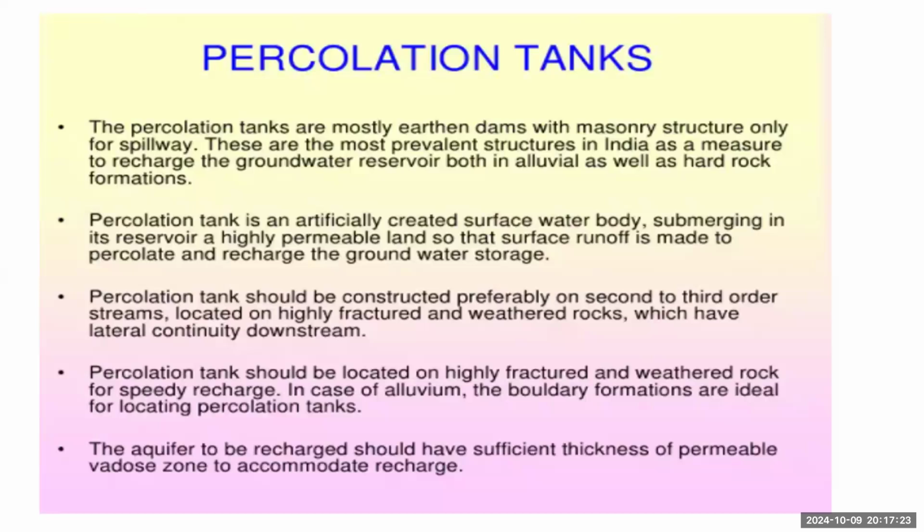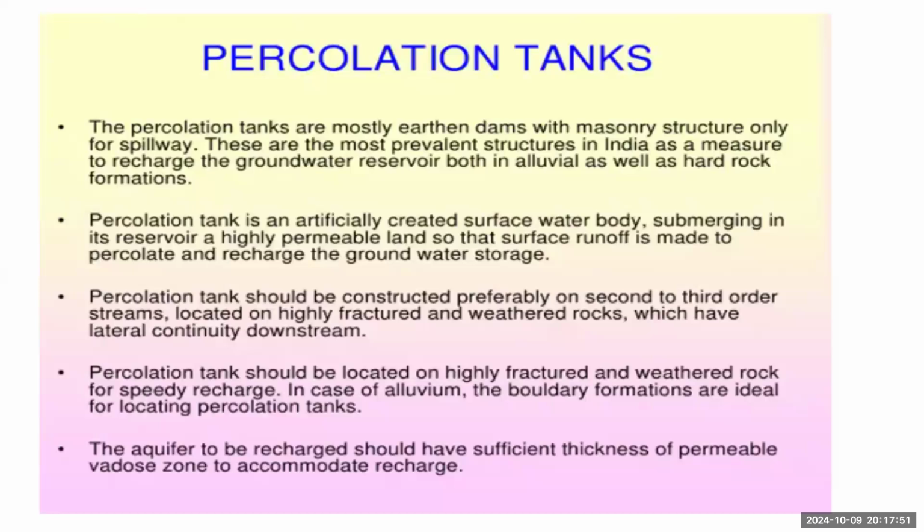Its functioning is similar to that of a spillway, which is the outlet in major tanks. These percolation tanks should be constructed on highly fractured and weathered rock, and there should be an aquifer with a good capacity to hold the water and accommodate the groundwater flow.